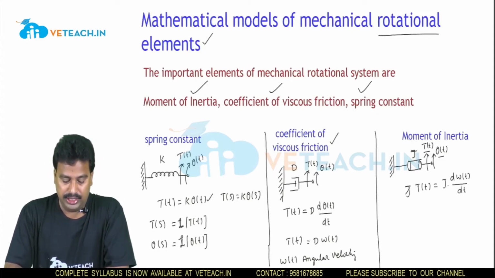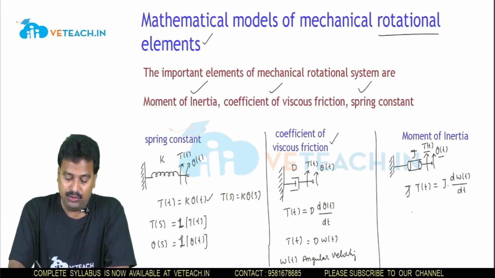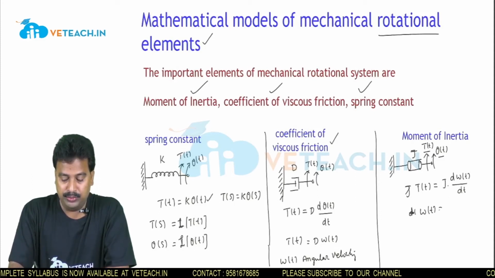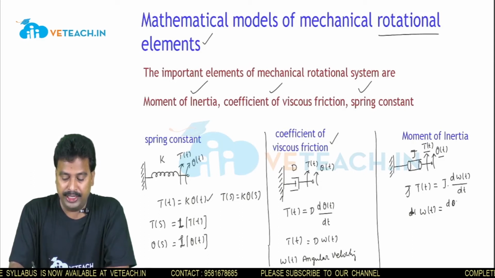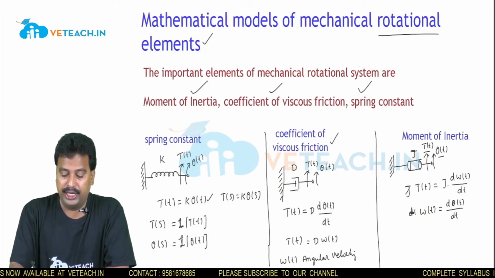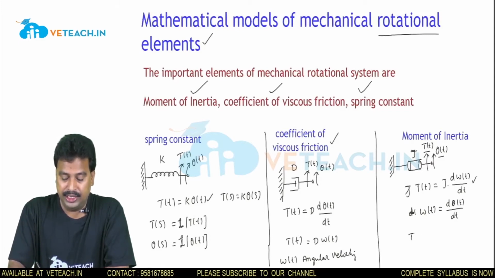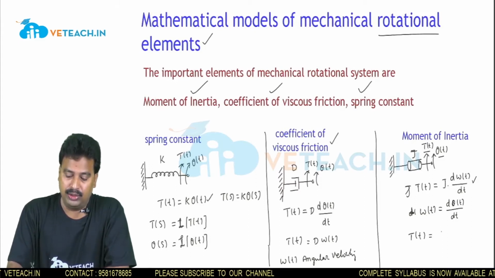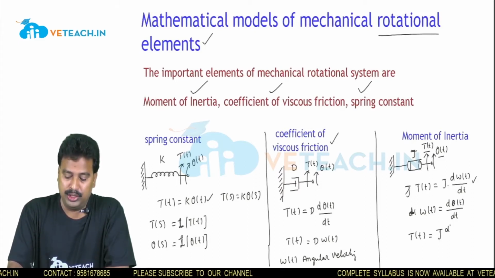You know that omega of t is equal to d theta of t by dt. So, we substitute the value of omega of t in this equation, and then we get the torque expression T of t is equal to J into d square theta of t by dt square.